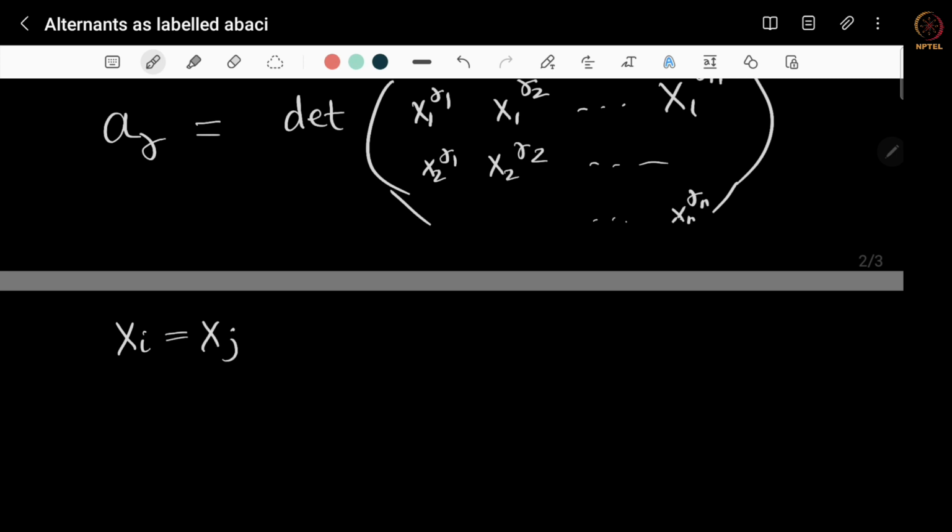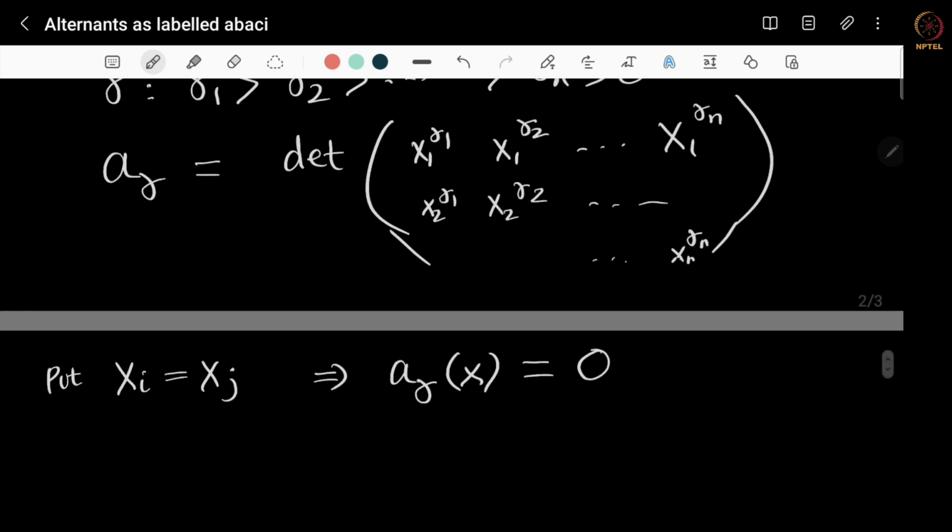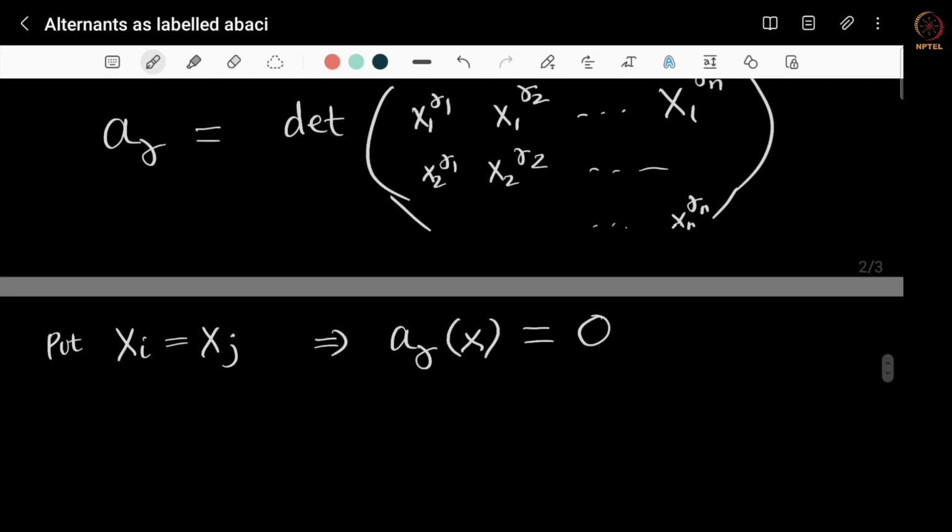It was that determinant, again x1 power gamma 1 and so on, x1 power gamma n, x2 power gamma 1, x2 power gamma 2, etc., all the way till xn power gamma n.